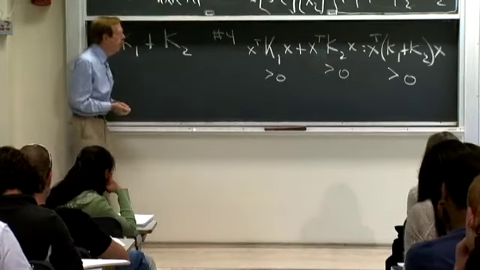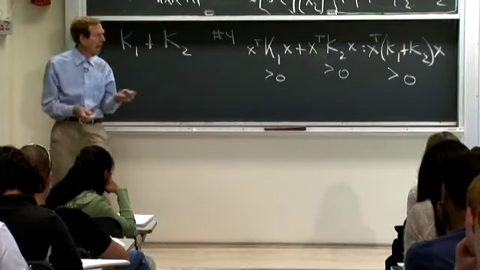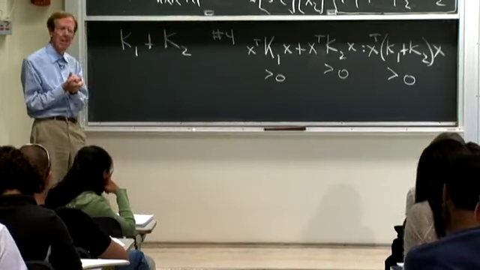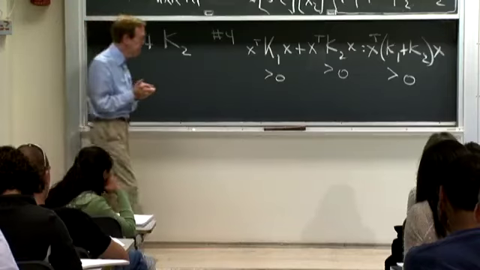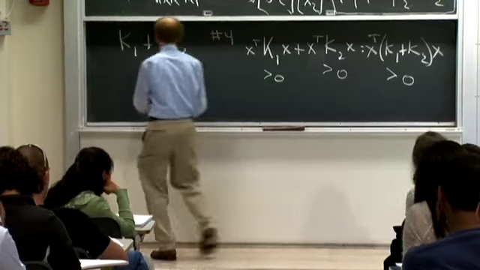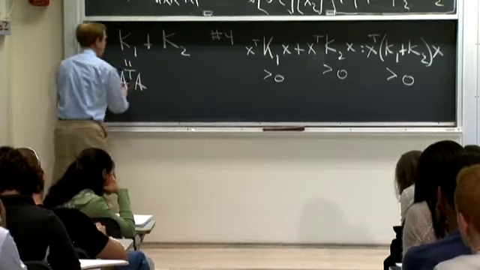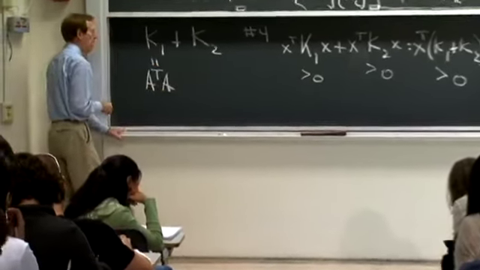As I'm speaking here, will you allow me to try test number 5, this A transpose A business? Suppose K1 was A transpose A. If it's positive definite, it will be.